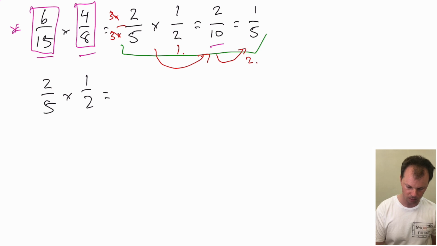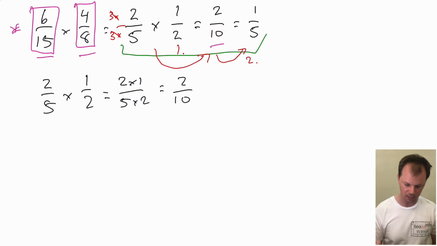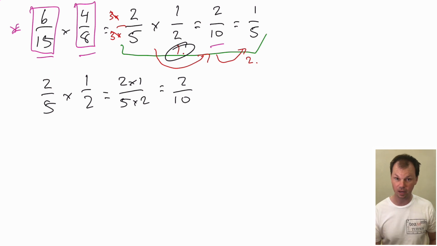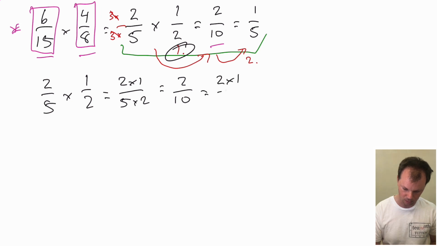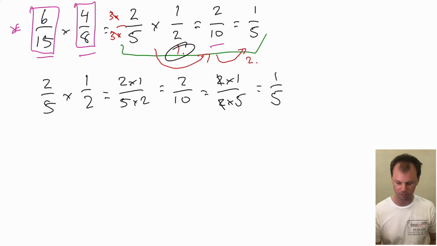So this is going to be 2 times 1. Okay, so that's the end of the first step up the top. Then to simplify, we need to find a common factor. In this case, it's 2, so we write it out. Okay, so we've written our common factor, cancel the top and the bottom, and we get 1 on 5.